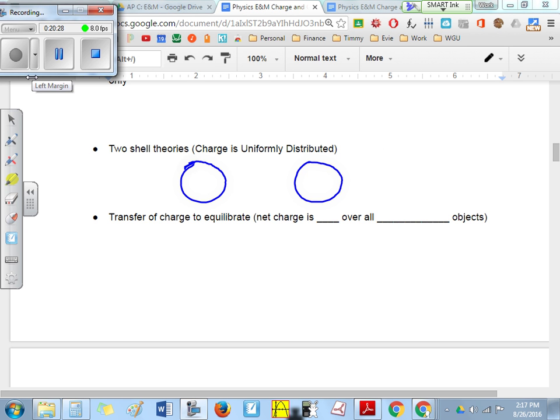So the first shell theorem just says if you have a uniformly charged object and you're outside over here at point P, you can just think of all of these charges as centrally located. You don't have to think of it as a ball. You can think of it as a dot, point Q or whatever. And then if you are inside the shell, this is the second shell theorem, if you're inside the shell anywhere and it's a hollow shell, you will experience no forces at all.